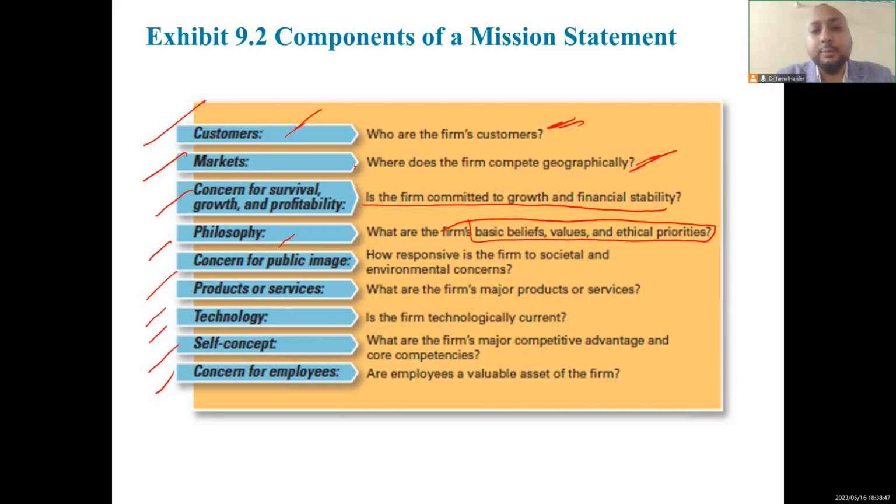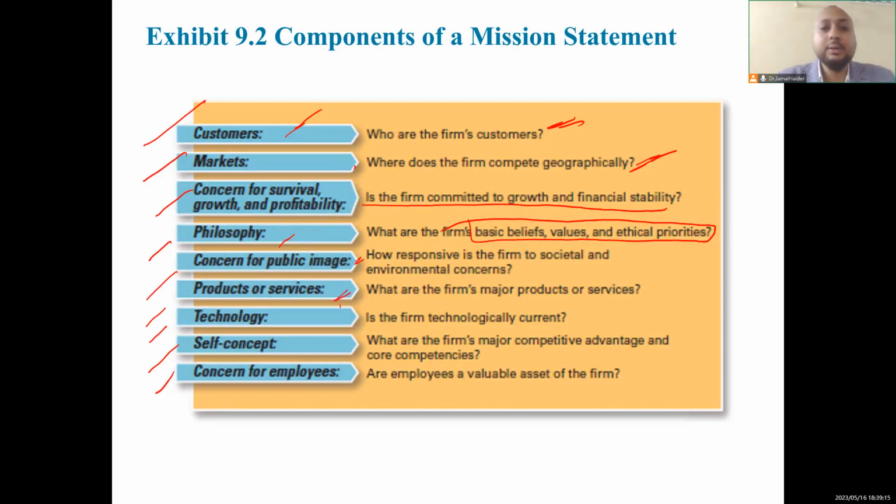And then concern for public image, how they want their company to be viewed from a public perspective. In order to create a good public image, they do charity, they open hospitals, public parks, old age homes, they donate to orphanages, and create recreational activities for free for the public.